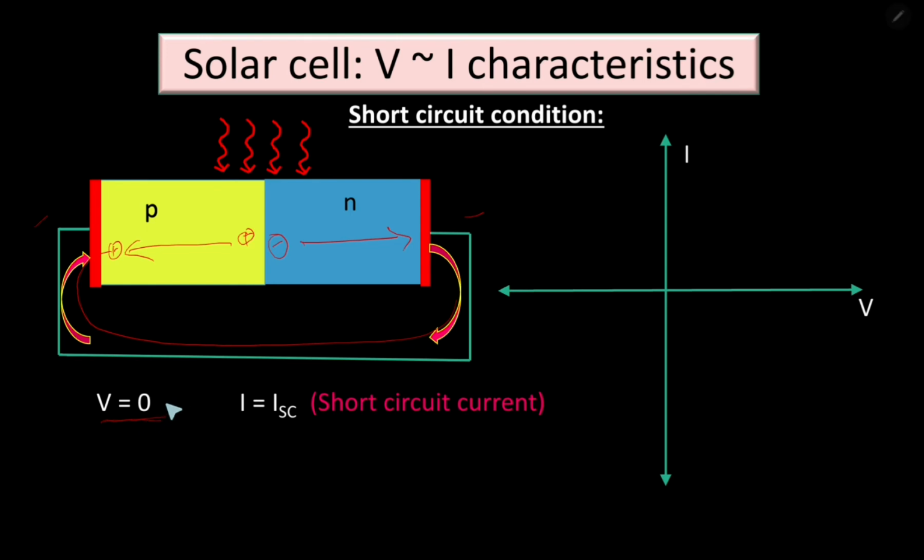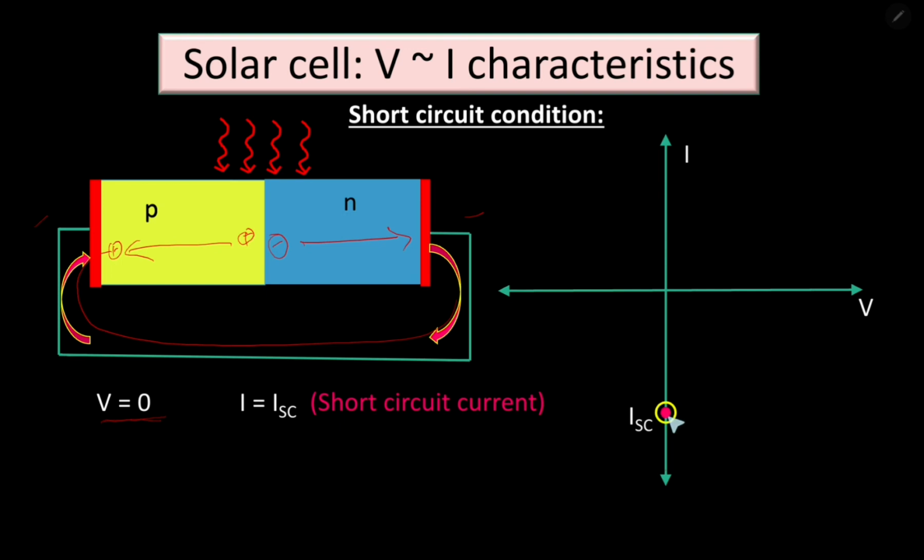Here you can see V equals 0. That means we will be getting a point on this y-axis, right? V equals 0. So whatever point we get on this axis, what is the value of the corresponding current? That is ISC. And I have already told you this current is a reverse current. So we will obtain the point here.